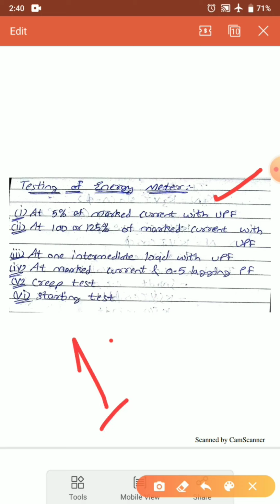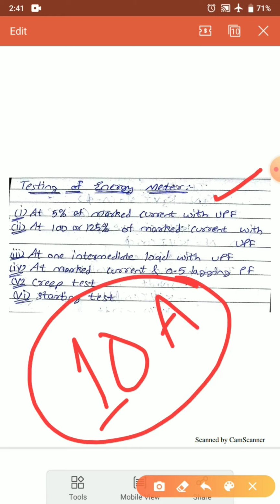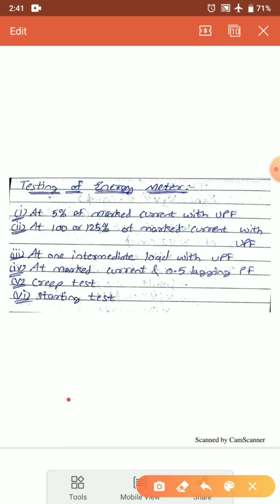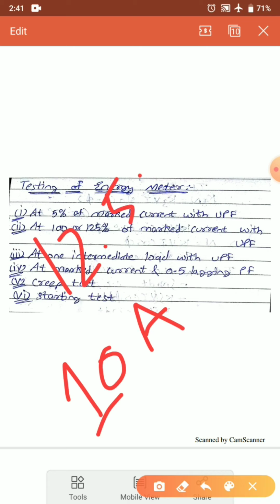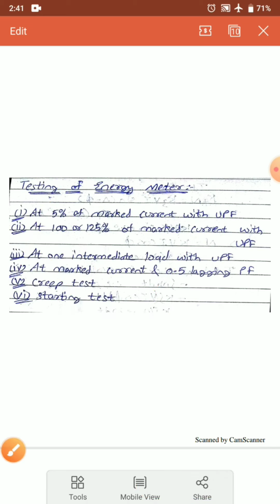For example, if the rating of my energy meter is 10 ampere, then I have to give 5% of that current with the power factor being unity, and check at that condition. The second step is that the marked current value, for example 10 ampere, I have to give around 12.5 ampere with unity power factor, and check whether my energy meter can work or not.